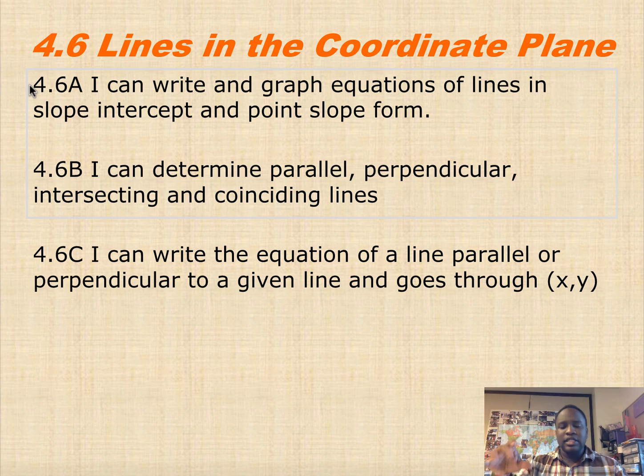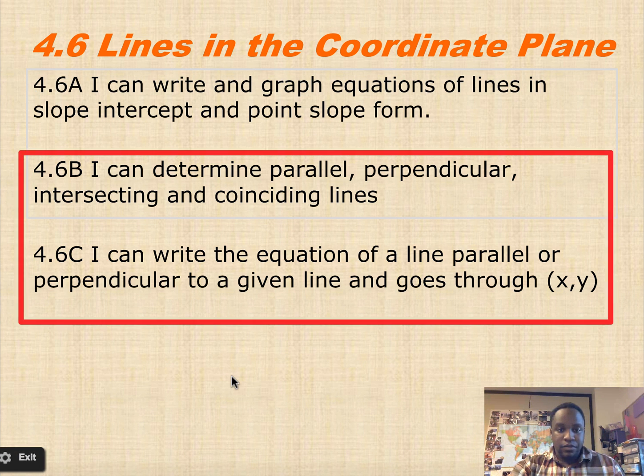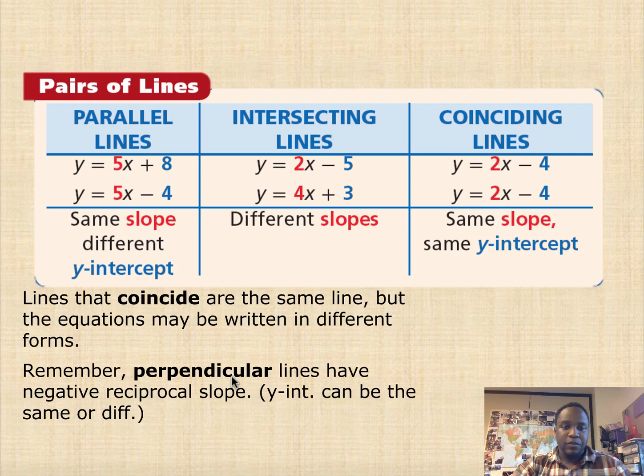So we're going to dig deeper down into our algebraic skills, connecting it back to the parallel and perpendicular lines that we looked at in 4.3 through 4.5. So we're focusing on 4.6b and 4.6c today.